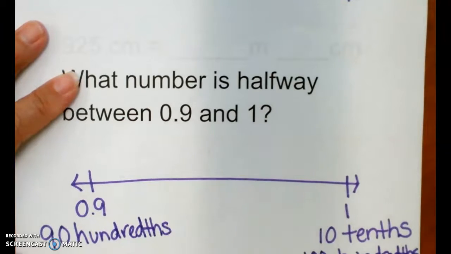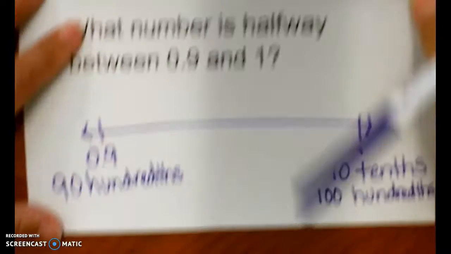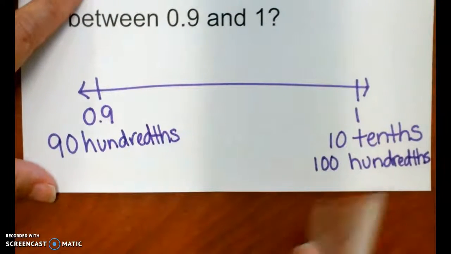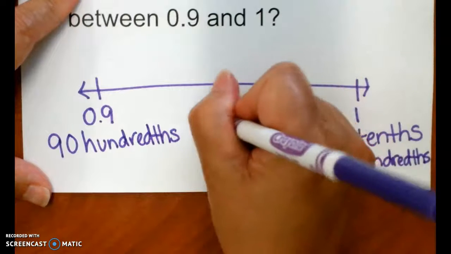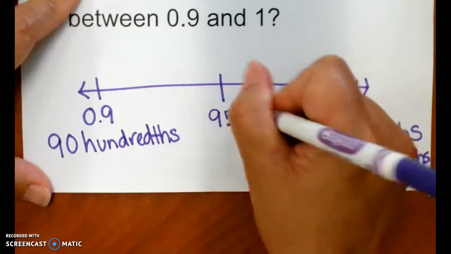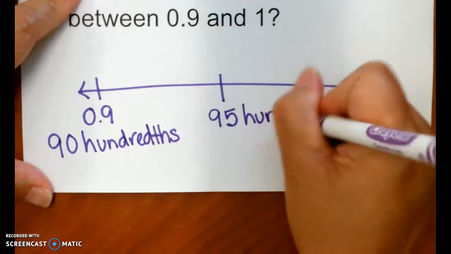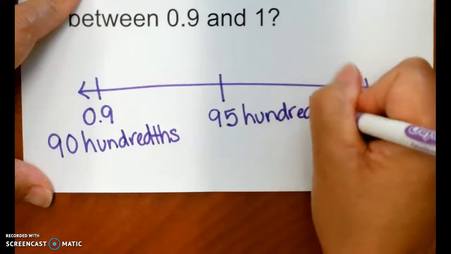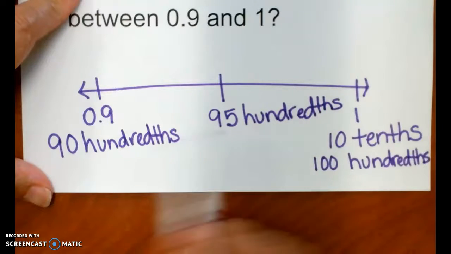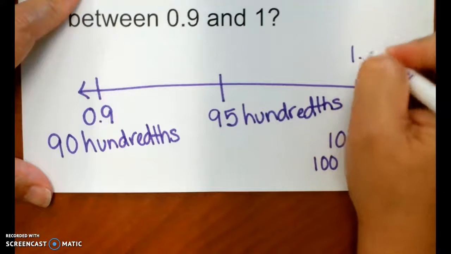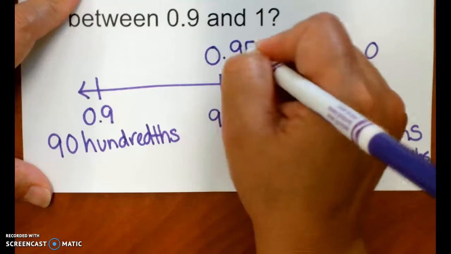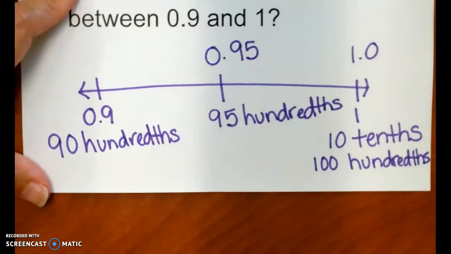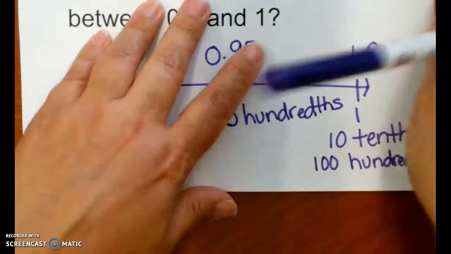What number is halfway between 90 and 100? We know this, 95 hundredths. And if we wrote this as a decimal, we'd have 1 whole, and this would be 95 hundredths.